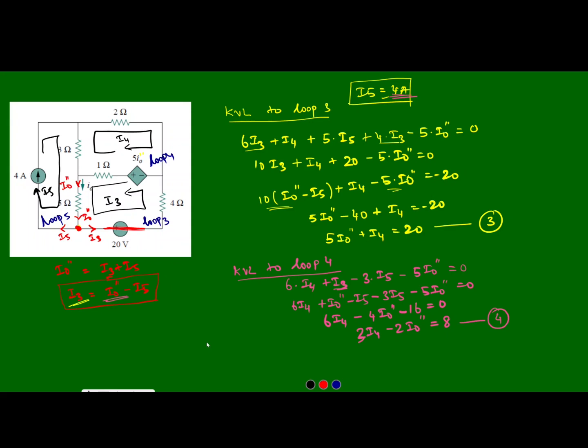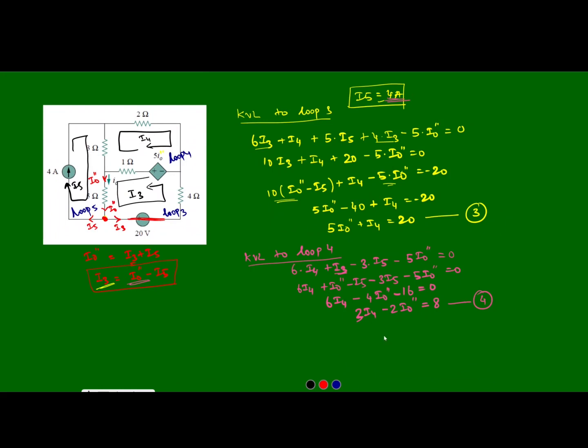Now we need to find out the value of I0 double dash. For that we need to simplify equations 3 and 4, so we can find out the value of I0 double dash.